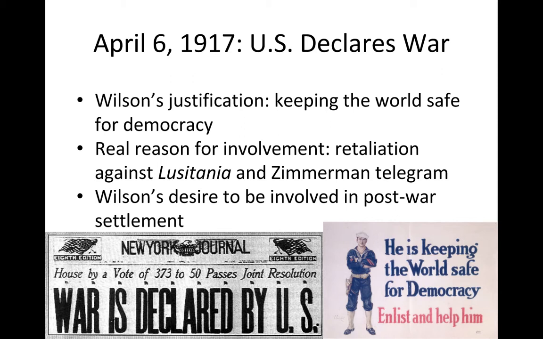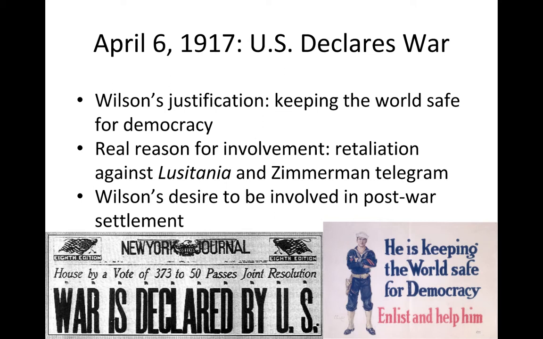So Wilson, when he goes to Congress to declare war, his justification behind going to war is to keep the world safe for democracy, not to crush the Germans, right? To try to defend U.S. democracy, right? Again, the real reason, historians argue, is that it's retaliation against U.S. power, against safety on the sea among passengers on a ship like the Lusitania.